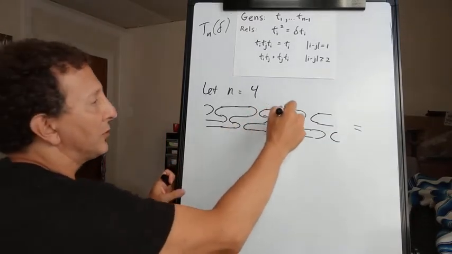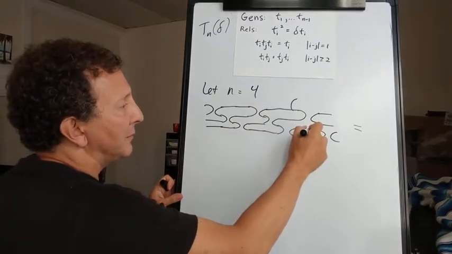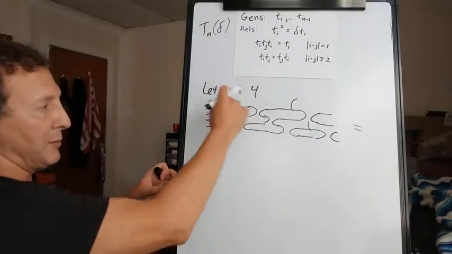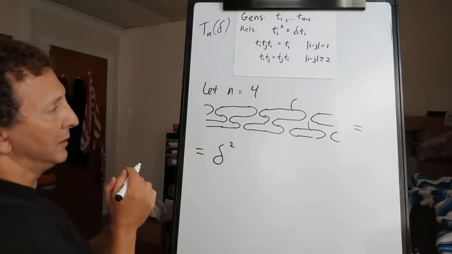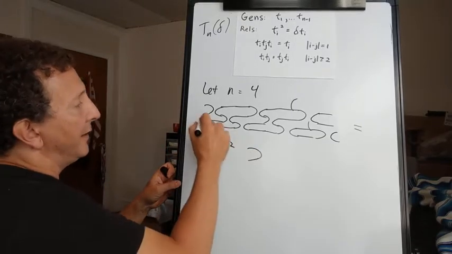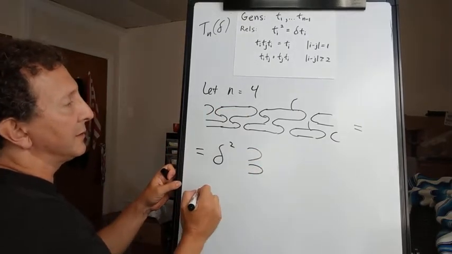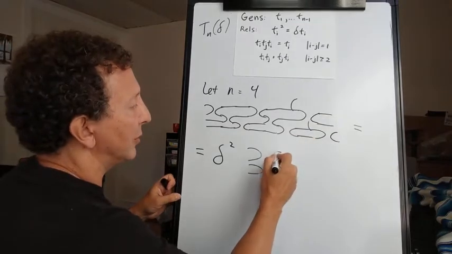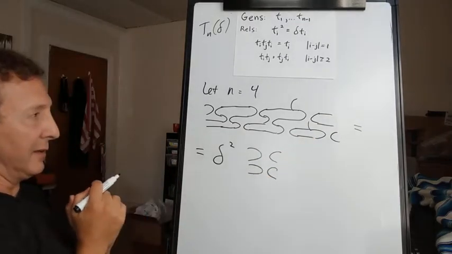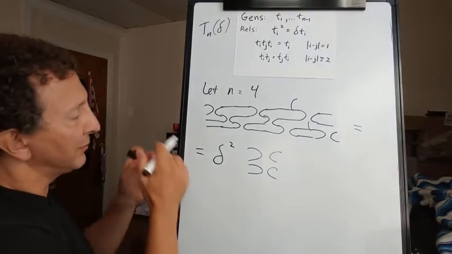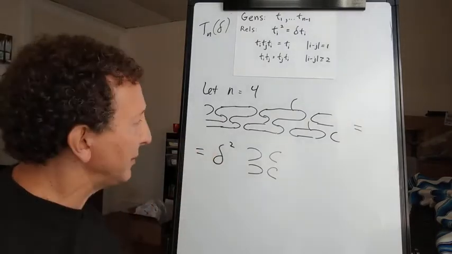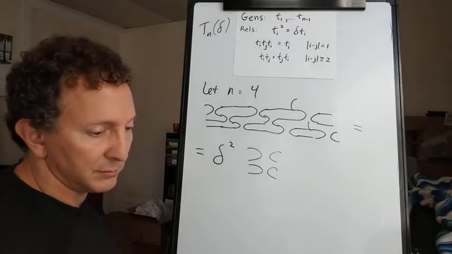Okay, we've got two bubbles in here, so let me put marks on them so they can come out and become deltas. And then this rope pulls tight to make that shape, and then these two ropes are like that. So there we go. So we simplified this whole big long binomial just by pulling strings tight.